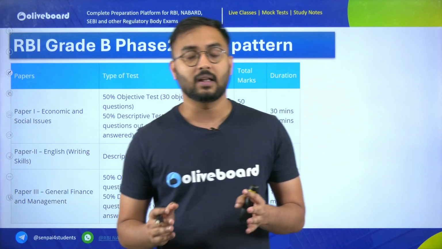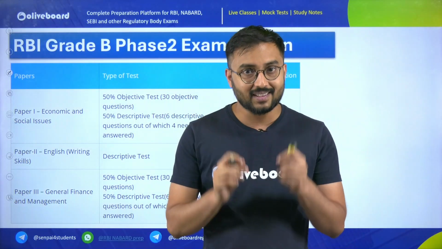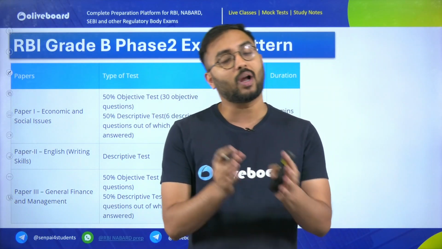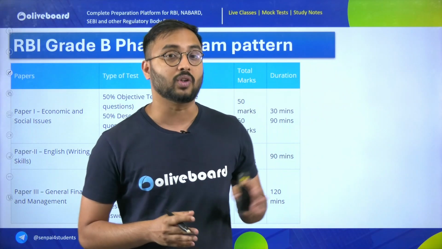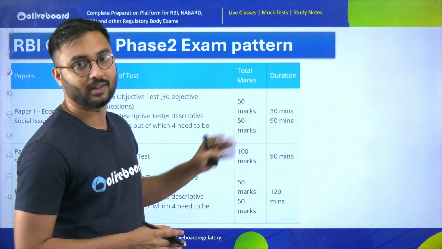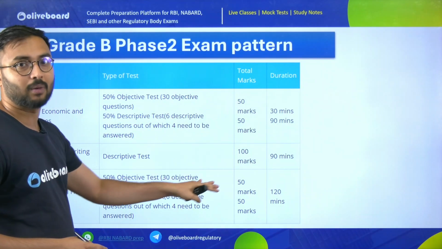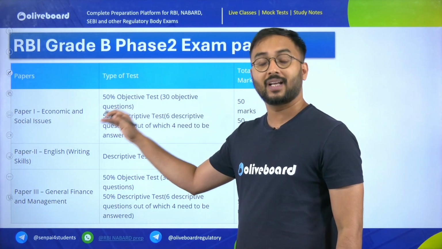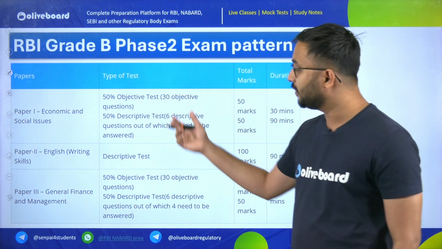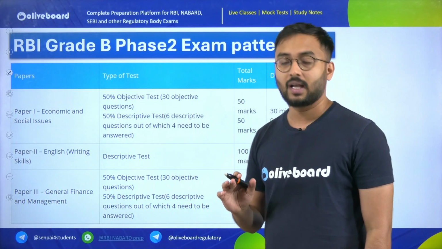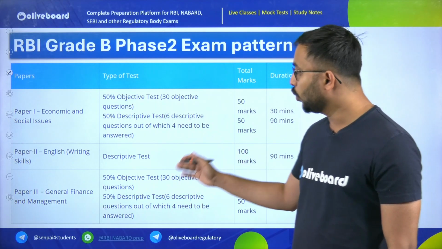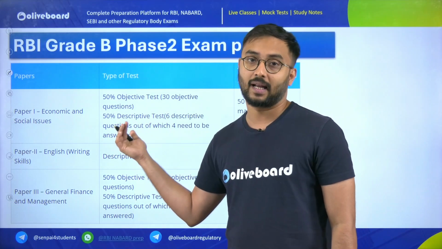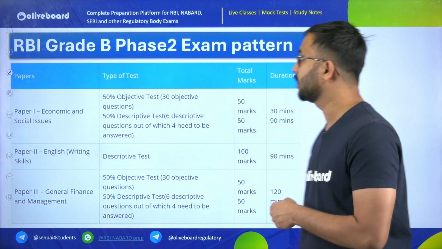It means the phase 2 exam assesses both objective and subjective skills. Now this is one very important aspect to understand. Of the overall 300 marks, the major portion is answer writing. Only 100 marks are for MCQs and the remaining 200 marks are for your answer writing. I hope you understand this.